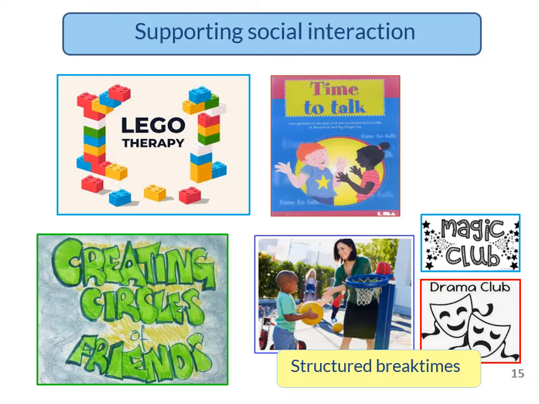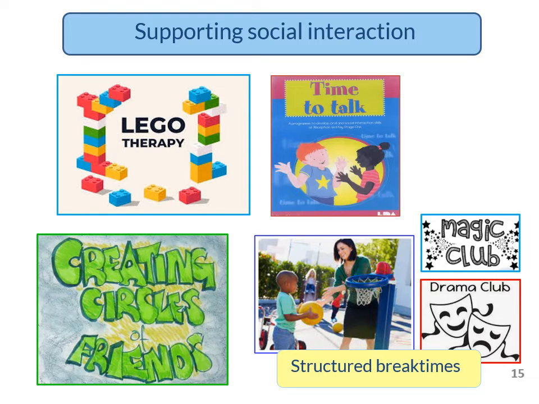There are a number of adult-led interventions to support social skills and social communication, including small group activities that teach pupils with similar difficulties the skills they need to communicate effectively and to develop friendships. Lego therapy focuses on developing collaborative play skills, where each child is given a role, such as a builder or supplier.